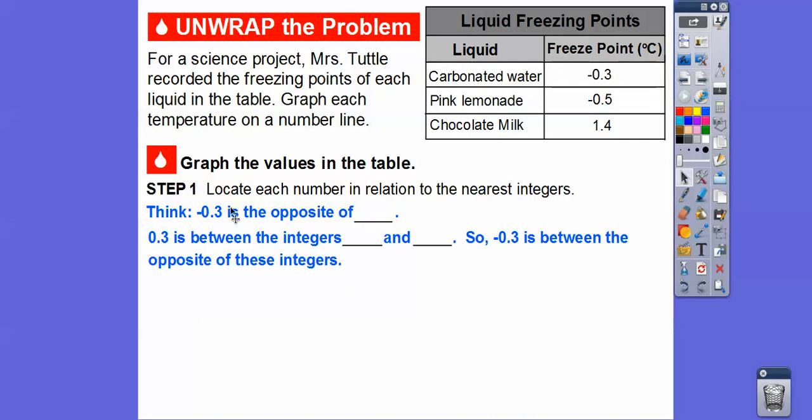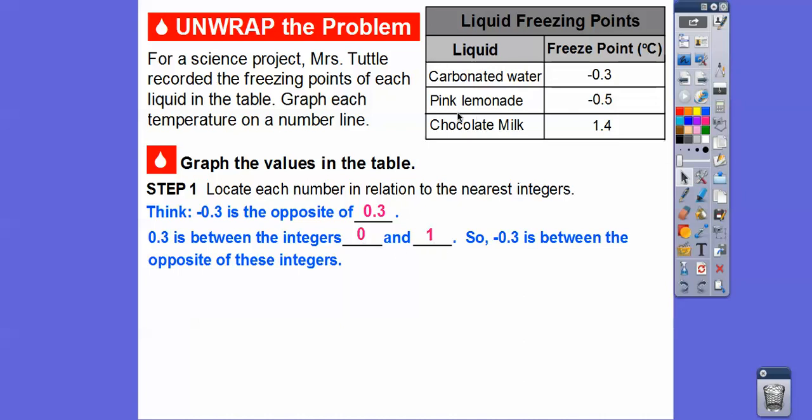-0.3, and this actually says -3/10 because that ends in the tenths spot. -0.3 is the opposite of +0.3. We know that 0.3 is between the integers of 0 and 1. So -0.3 is going to be between the opposites of 0, which is 0, and the opposite of 1, which is -1.